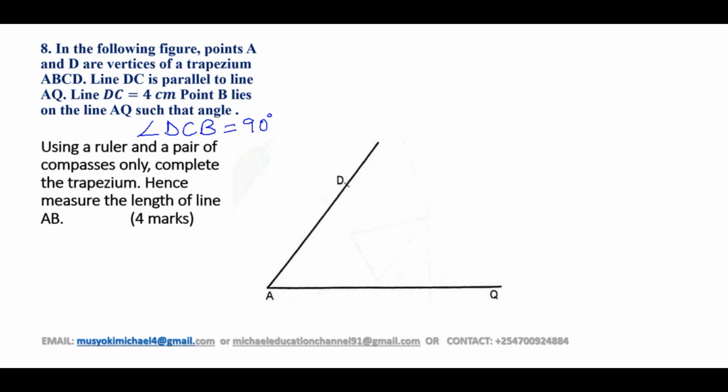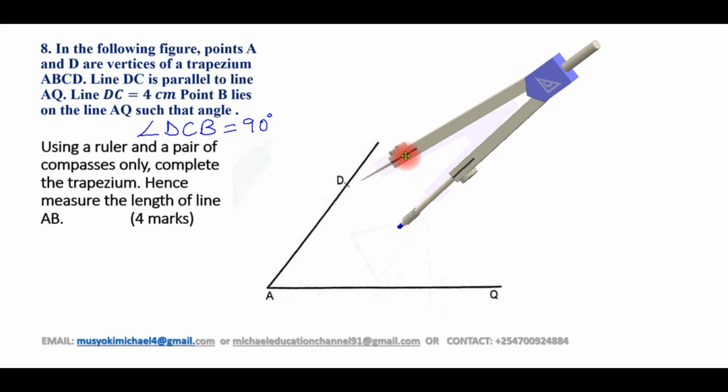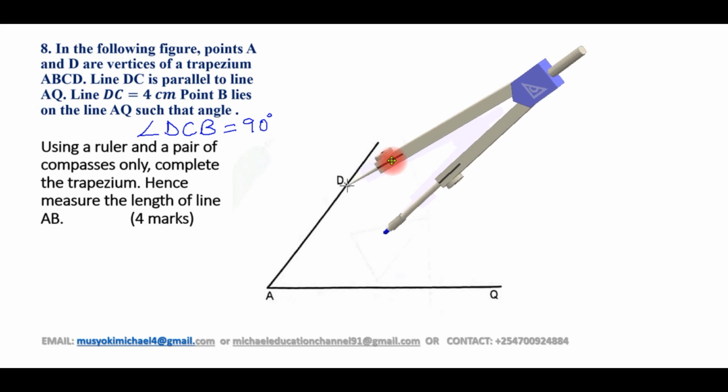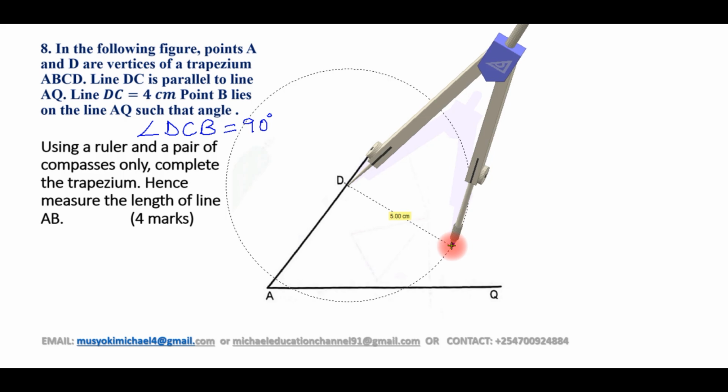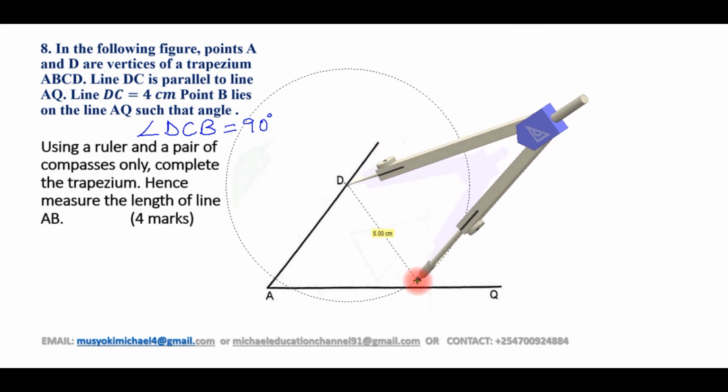So we shall drop a perpendicular from D. We are going to draw a perpendicular.